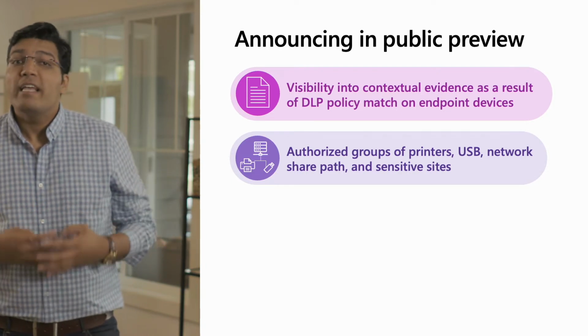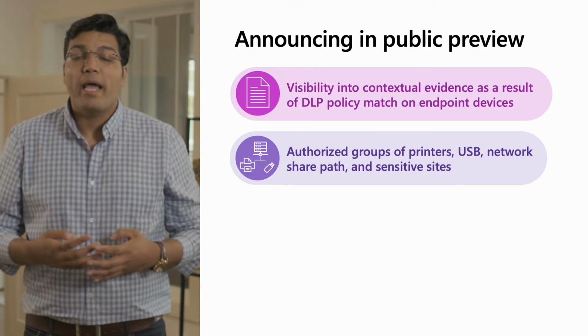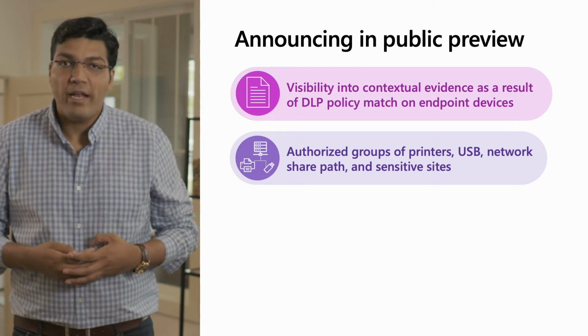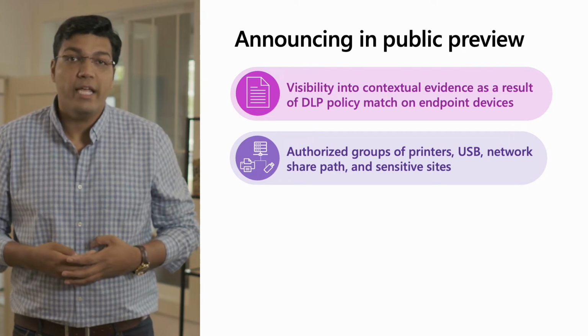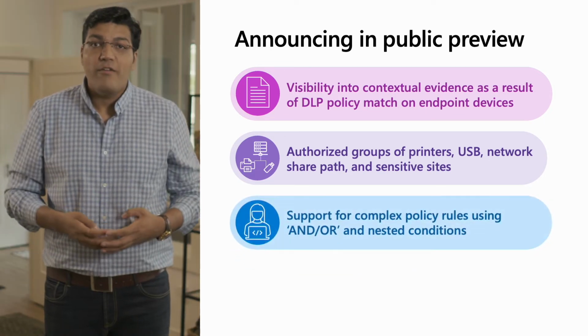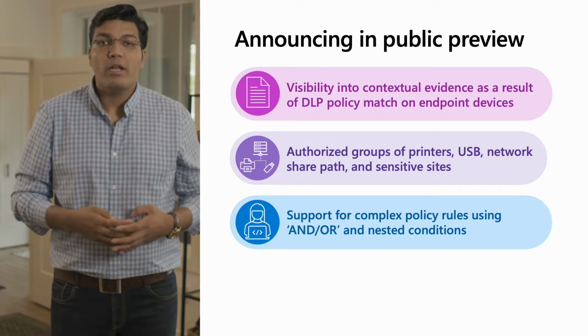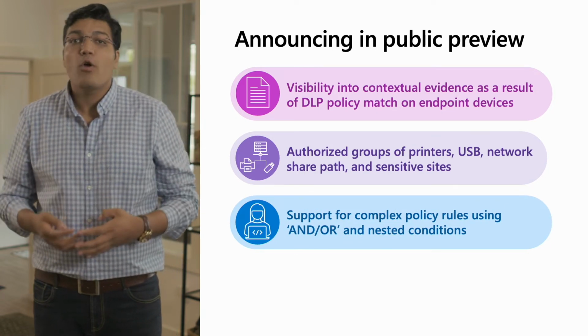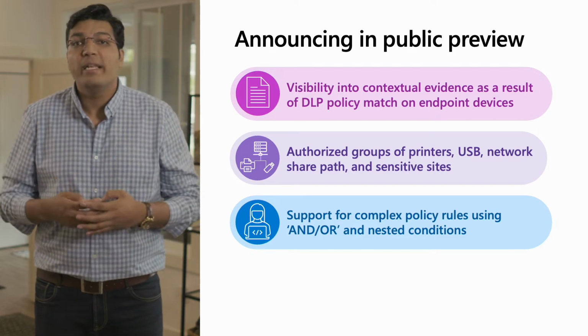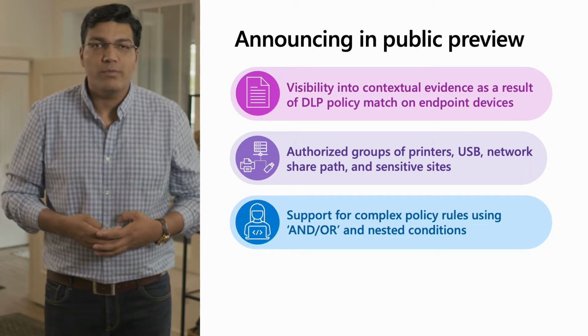We are announcing several capabilities to provide granular controls to prevent exfiltration through common egress channels. Lastly, we are also introducing support for creating complex policy conditions using and/or associations with the ability to create nested groups. Let's dive into a demo for each of these features.